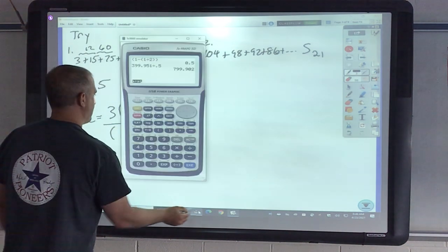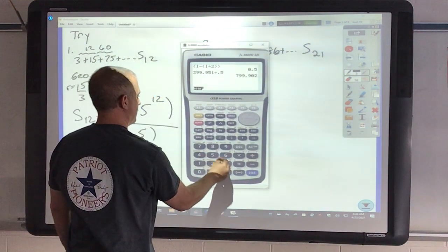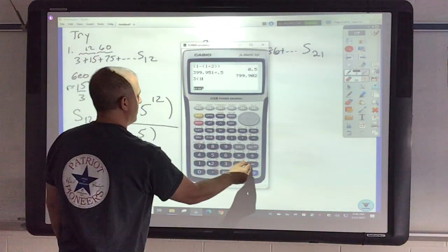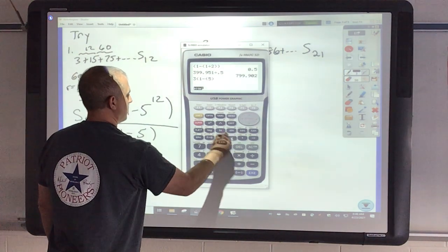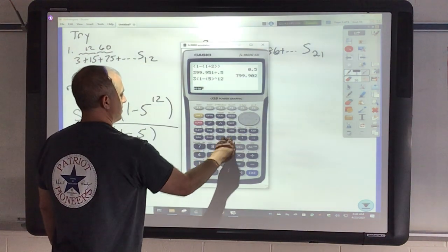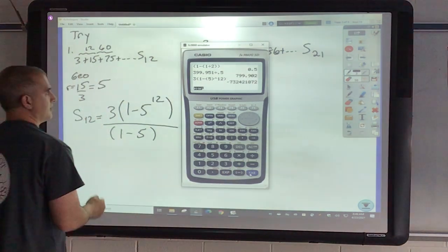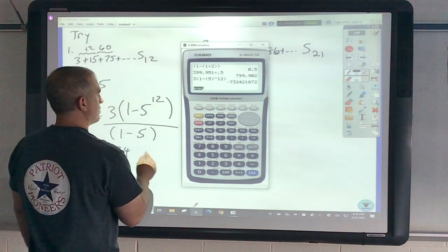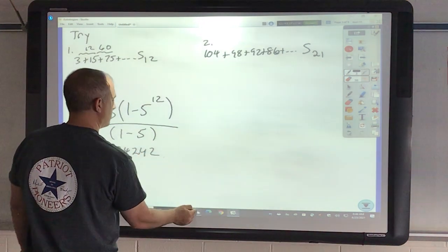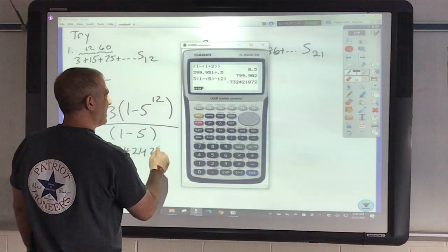Okay, I'm going to go ahead and find the top. 3 times 1 minus parentheses around my ratio. All right, so the top part is negative 734,242,1872.